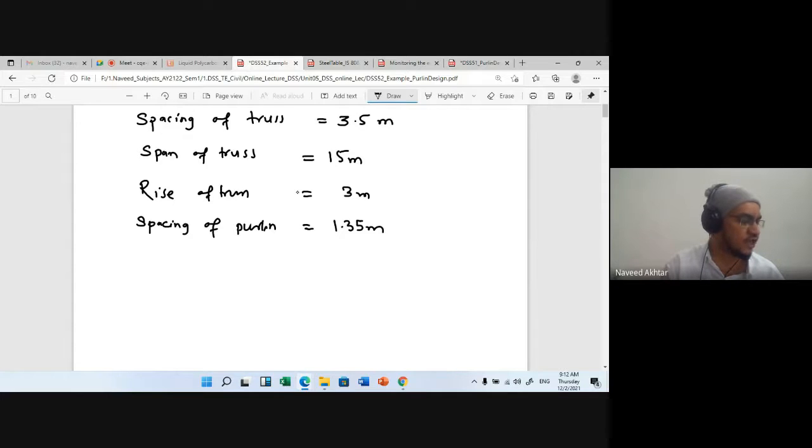Weight of GI sheet is 130 Newton per meter square.